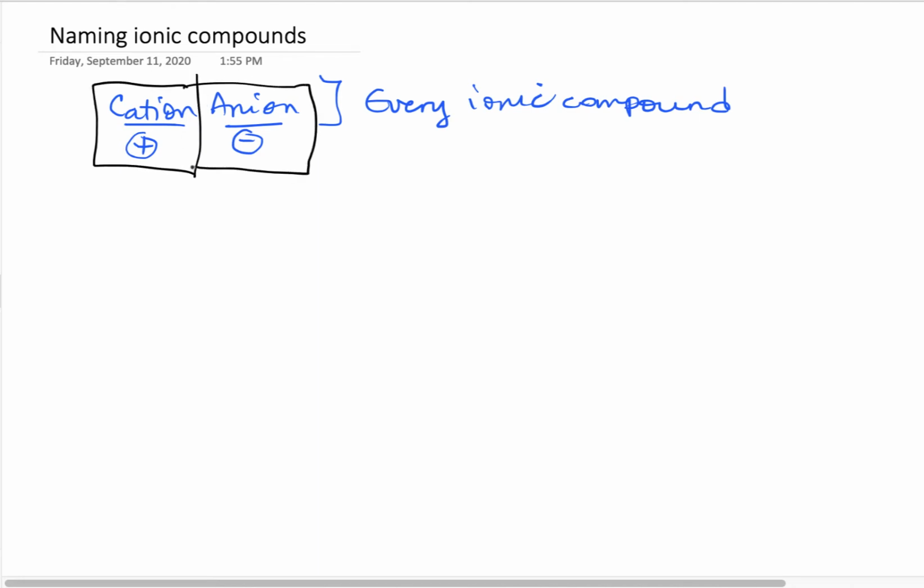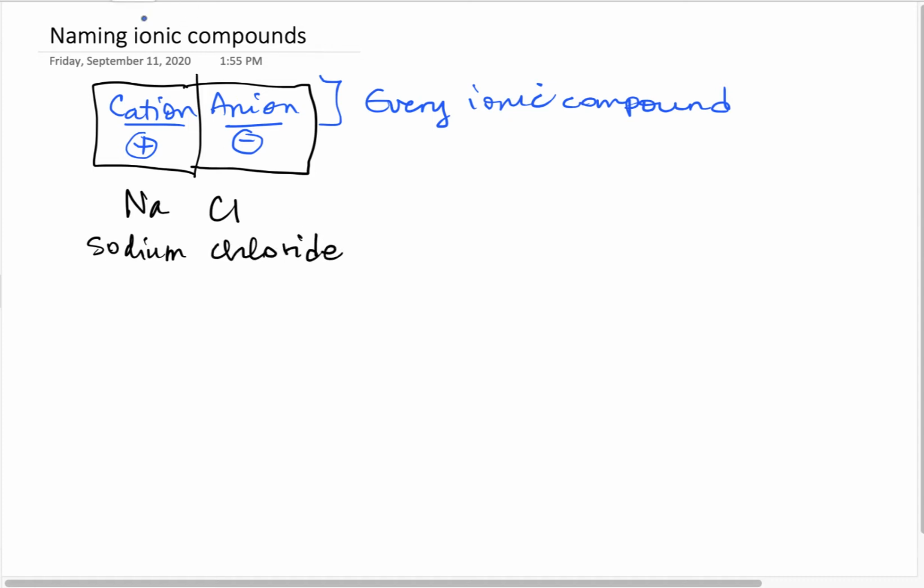And whether or not we are talking about them in terms of a formula unit, like NaCl, or if we say the name, sodium chloride, we're always going to read them in the same order. So the positive one is going to be first, the negative one is going to be second. So you're always going to know which one is the cation and which one is the anion.